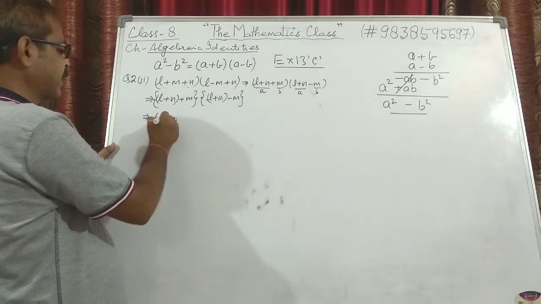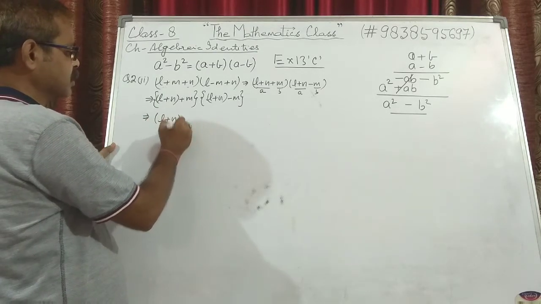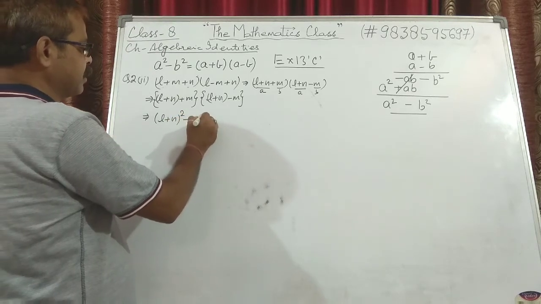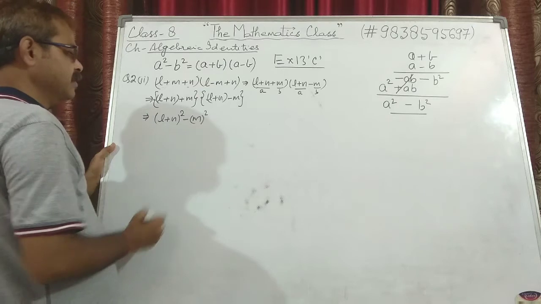So we write L plus N, that was A, square minus B, that is M, square. So that is the final value.